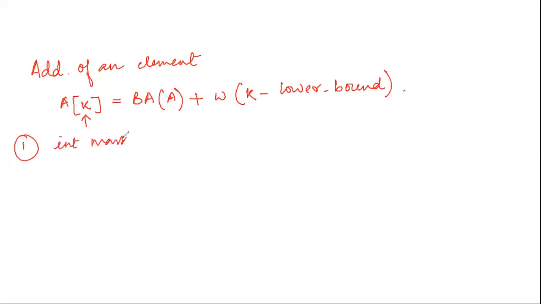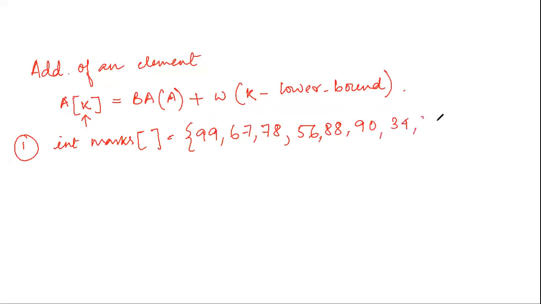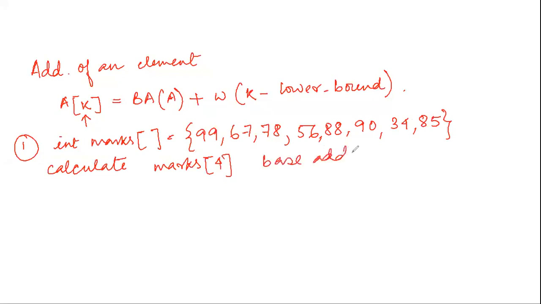Suppose a problem is given: given an array of int marks, with different elements like this, calculate the address of the location marks 4, where the base address is given as 1000.